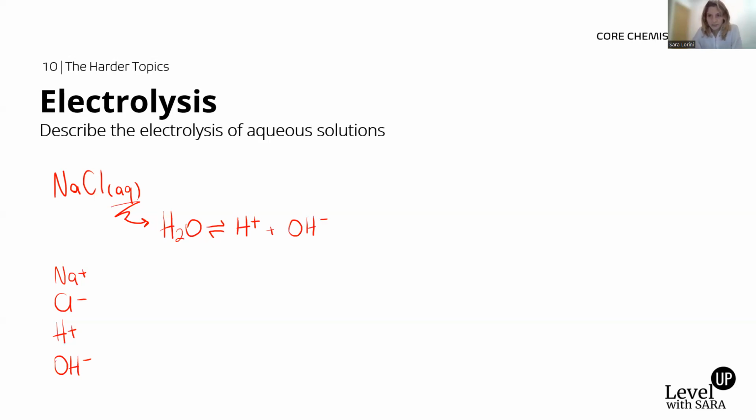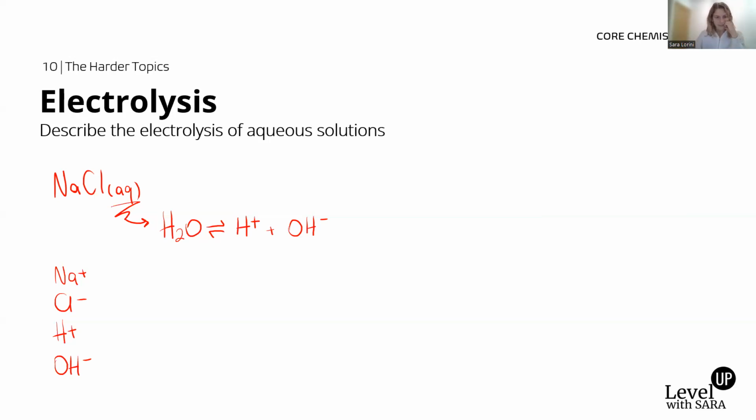So these ions are involved in electrolysis, so we need to consider that. There are two rules that we will follow to identify the products at the anode and at the cathode.